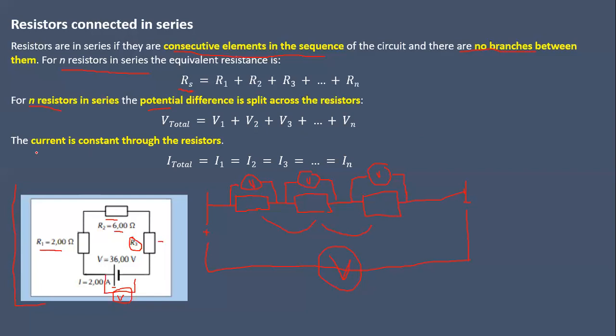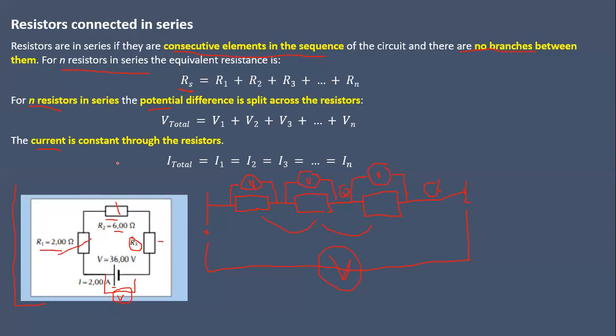But then, interestingly, the current is the same. So remember, when we talk about current, we're talking about the rate of flow of charge. So if we have charge flowing here, it's the same charge that is going to be flowing here. So charge flows at the same rate between all of these resistors that are connected in series.